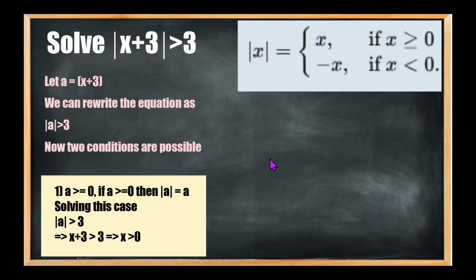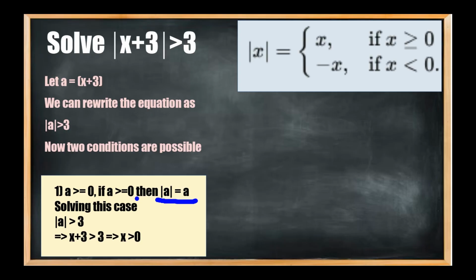So let's see the first condition now. In this condition, a is greater than or equal to 0. If a is greater than or equal to 0, then the absolute value of a will remain as a, because a positive value retains the positive sign.